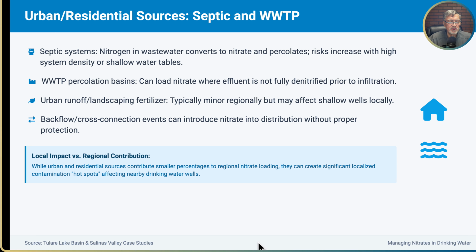Backflow cross connection events can introduce nitrate into distribution without proper protection. So that's where having the backflow preventers and the cross connection control really comes into play. You don't want any backflow in your system that can contaminate parts of your distribution line. So anyway, the urban sources generally are going to be smaller, but they can create regional hotspots.